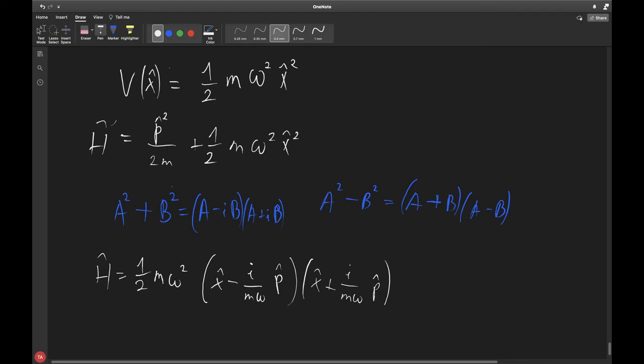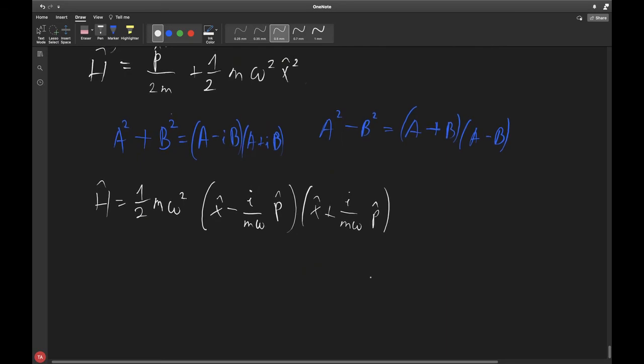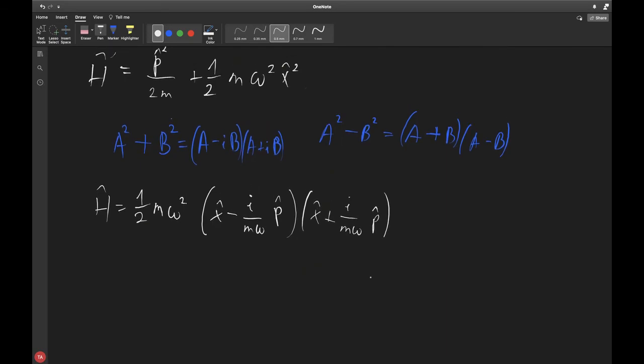So these are the operators that help us define the so-called ladder operators. They are going to be called ladder operators because they help us move up and down in the energy ladder.